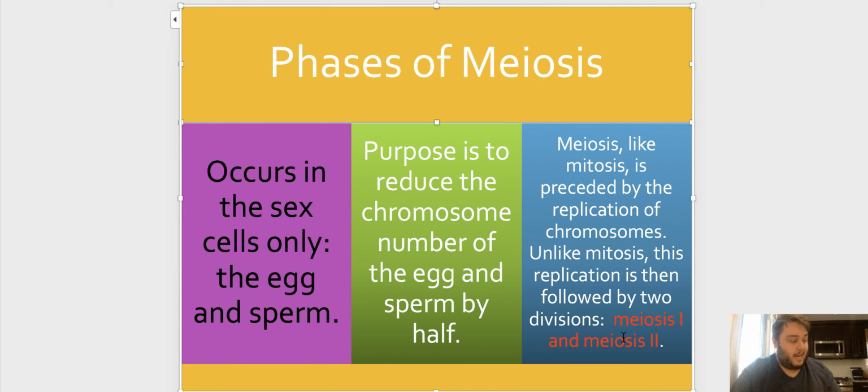We're going to see that in a second: the main differentiation between meiosis and mitosis is that there are 2 divisions. You're going to see the names of them are the same, and the stuff that occurs in them is also the same, but there are 2 separate divisions, a meiosis 1 division and a meiosis 2 division. That's going to make more sense on the next slides when we actually see it.